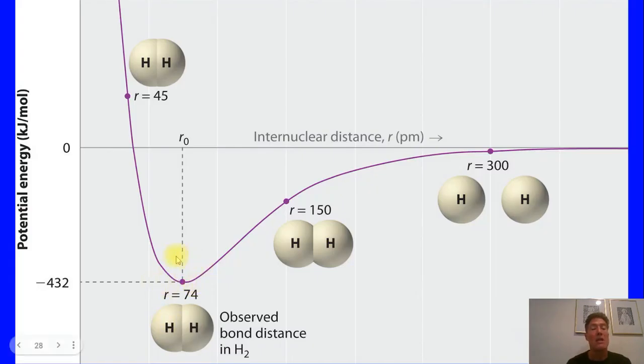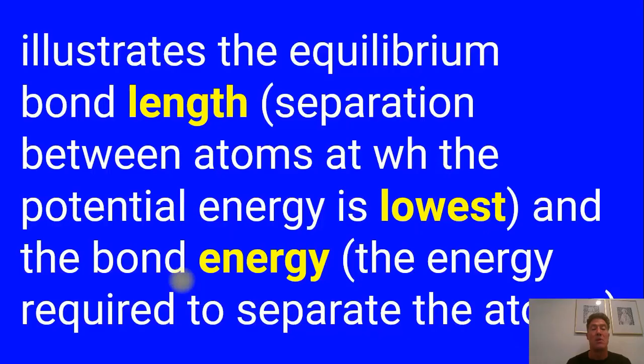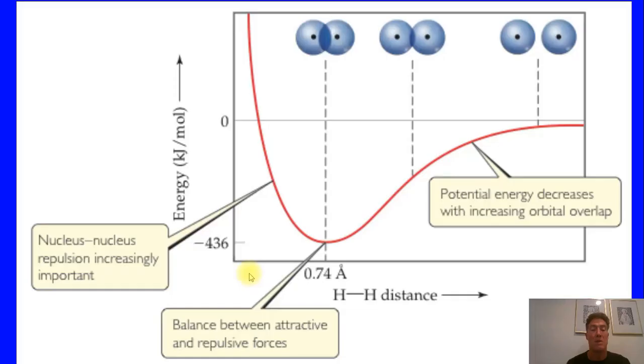And remember, things at their lowest energy potential are like if I rolled a bowling ball down this hill, right? It's going to want to sit right here at the lowest point. That's where it's the most stable. Things are most stable at the lowest energy level. So that's where we're going to see the potential energy is the lowest, and the bond energy required to separate them is going to be the highest.